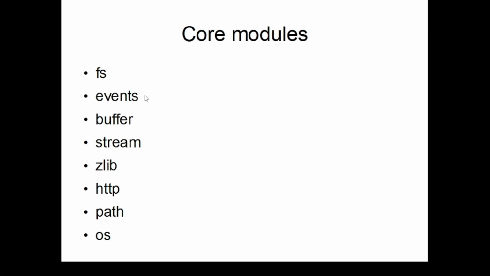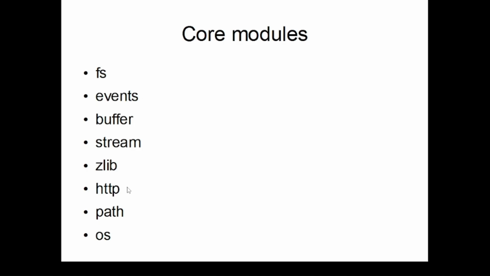The events module allows handling and emitting events using the EventEmitter class. We also got a buffer module that handles binary data directly in memory. The stream module enables the streaming of data for efficient read and write operations. The zlib module provides compression and decompression using certain algorithms.